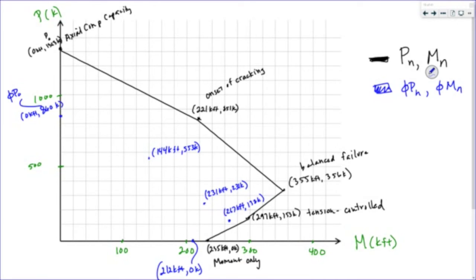And you get to draw another diagram. Right, so this is your interaction diagram accounting for phi.